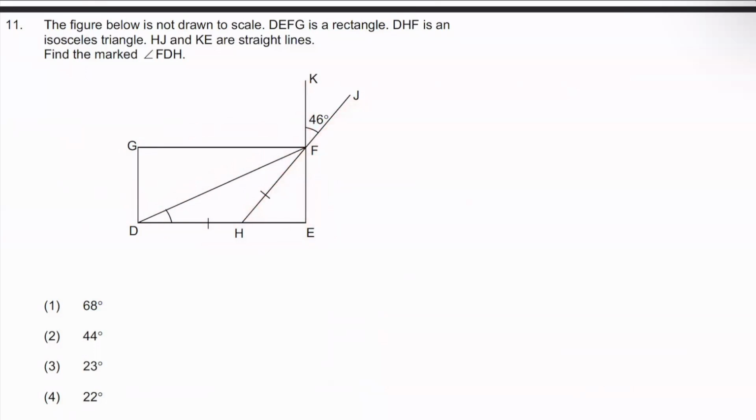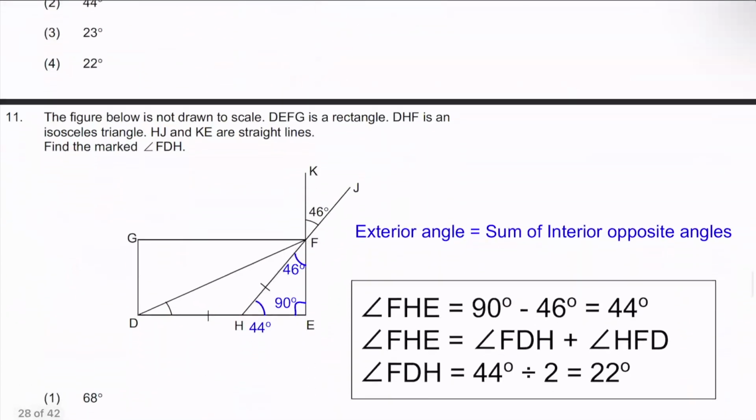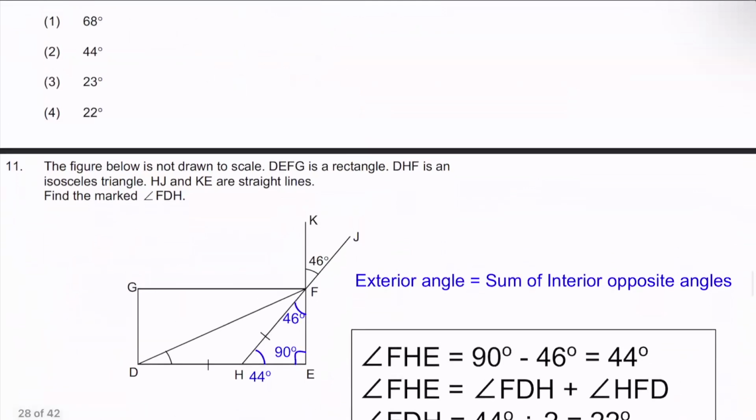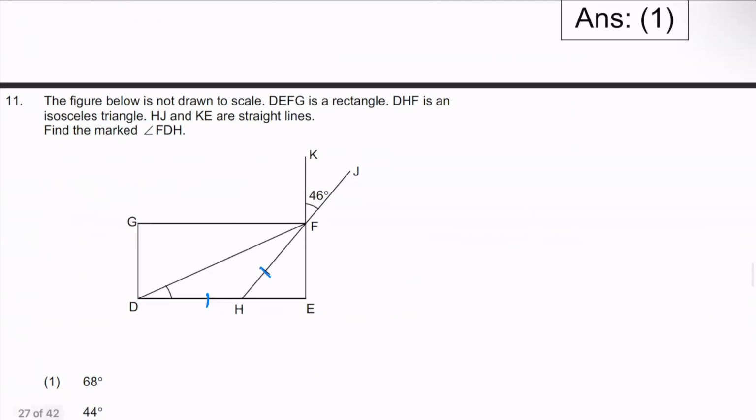Find the marked angle FDH. So what is an isosceles triangle? Isosceles triangle is when you have 2 angles that are equal. So these 2 angles are the same, which also means that these 2 lengths are also the same.